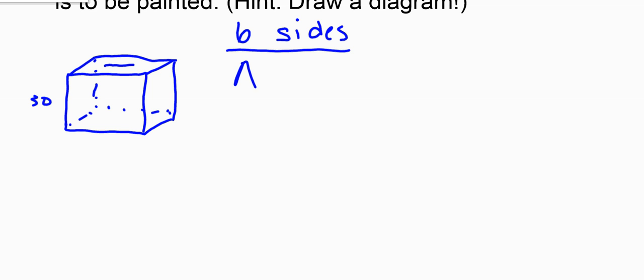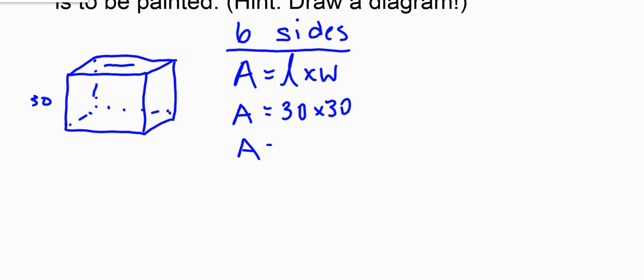So mathematicians are lazy. We like to take the easiest way out. So I'm going to do area equals length times the width. And I know that each of these lengths are 30. So I'm going to have 30 times 30. So each side is 900 square centimeters. Now, I have 6 of these sides.